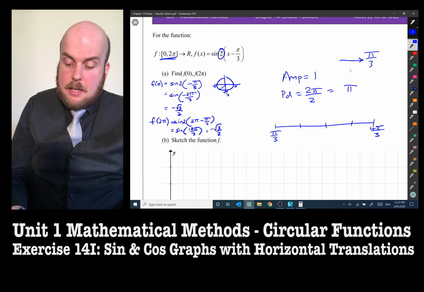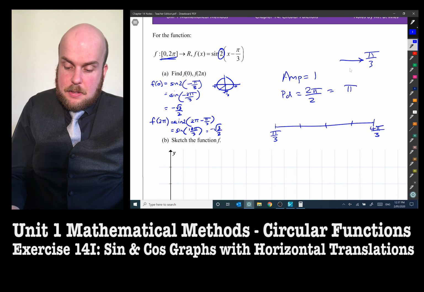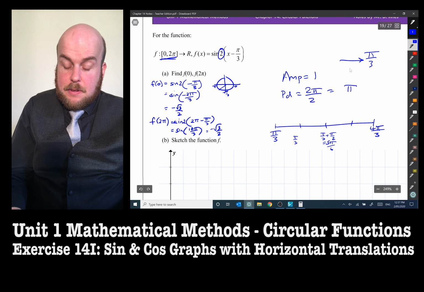And then the halfway point, which would have been π/2: π/3 plus π/2 is going to make that, I think, from memory, yeah, it's 5π/6. And then halfway to that, so π/3 plus π/4. This is where we're going to get our 12s again.